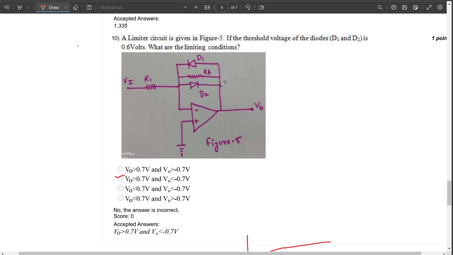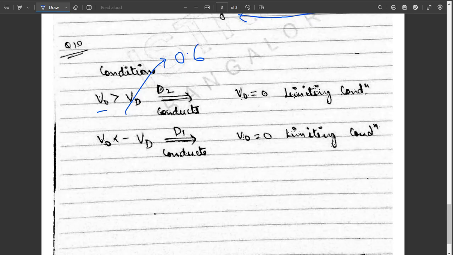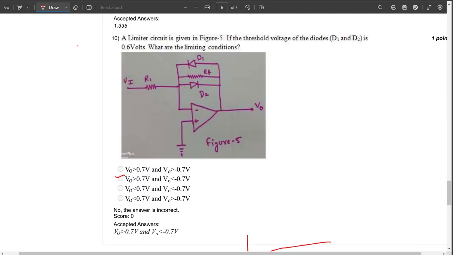So D2 starts conducting, and once D2 starts conducting, this is a short circuit. So V0 is equal to 0. Similarly, when our V0 goes below minus 0.6, that is, it goes negative, now what will happen?